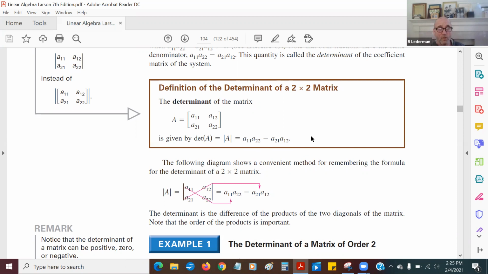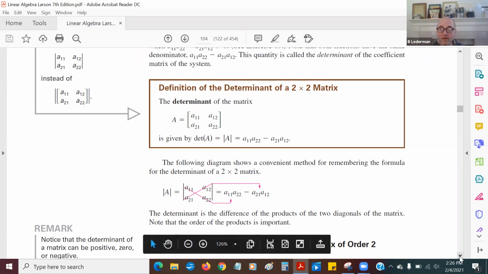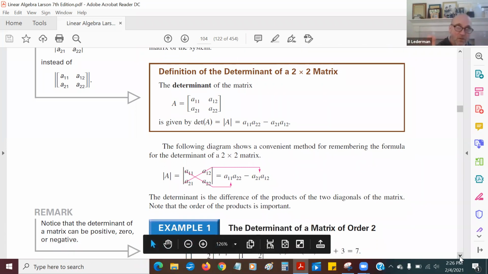That is 11 22 minus 21 12. The way I always think of it is that you zip down this diagonal to get the first number, and you zip up that diagonal to get the second number. Let's look at some examples of figuring out the determinant. Why determinants are important, believe me, we're going to get into that quite a lot. But right now, I just want to show you how to figure out a determinant.